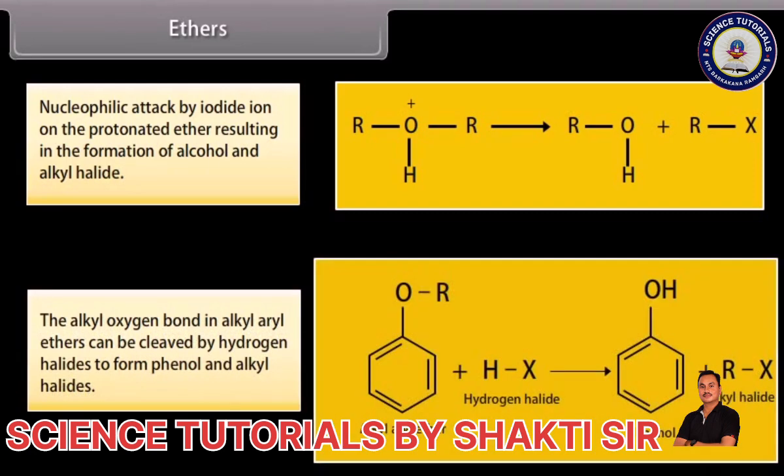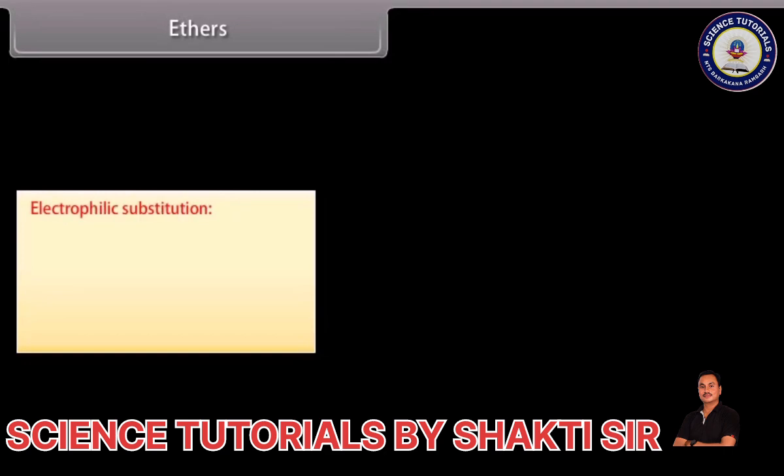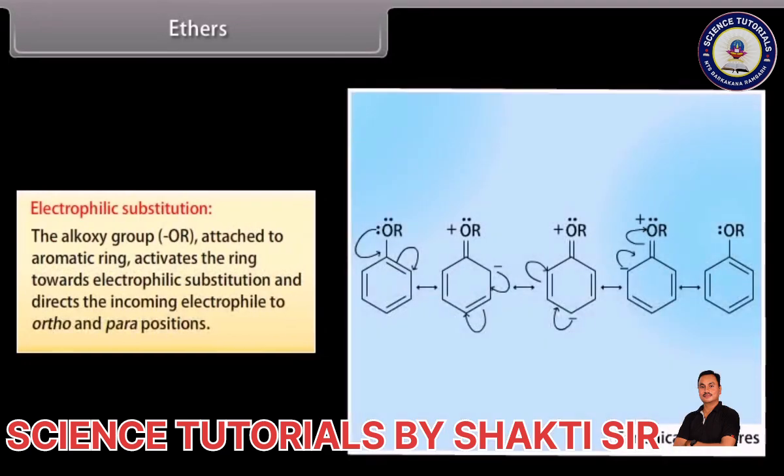The alkyl oxygen bond in alkyl aryl ethers can be cleaved by hydrogen halides to form phenol and alkyl halides. Electrophilic substitution. The alkoxy group attached to the aromatic ring activates the ring towards electrophilic substitution and directs the incoming electrophile to ortho and para positions.